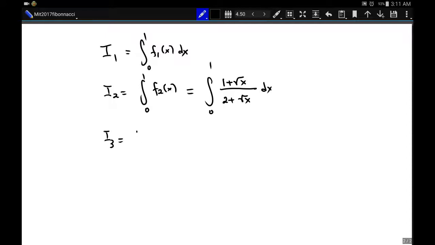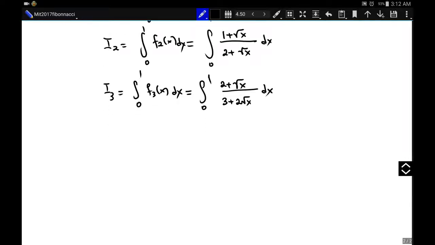I3 is from 0 to 1 f3 of x dx, and then from 0 to 1, 2 plus root x divided by 3 plus root x dx.